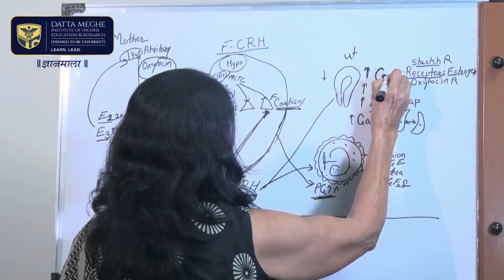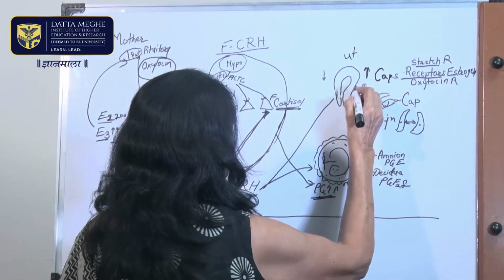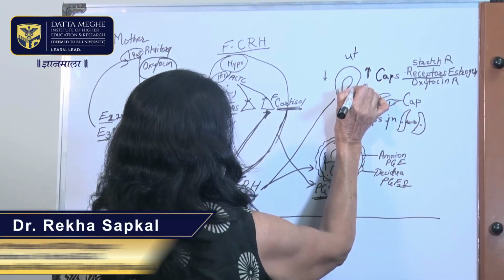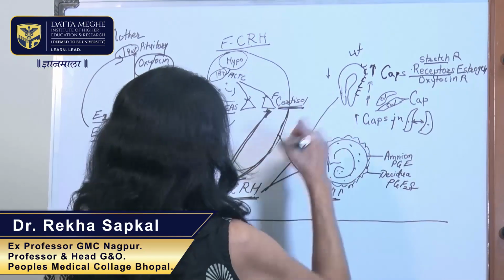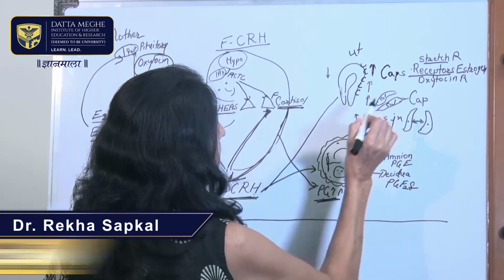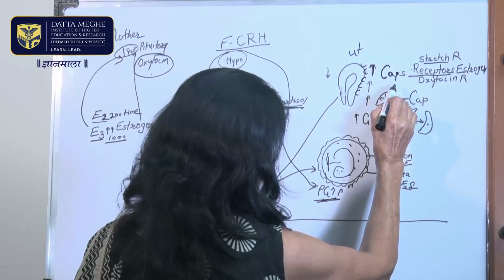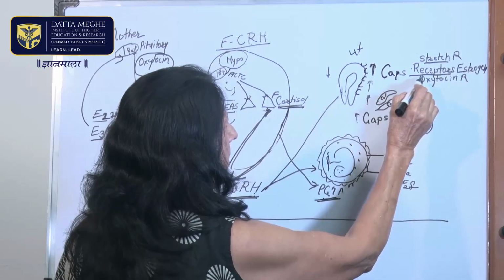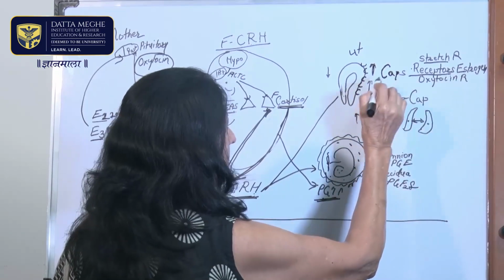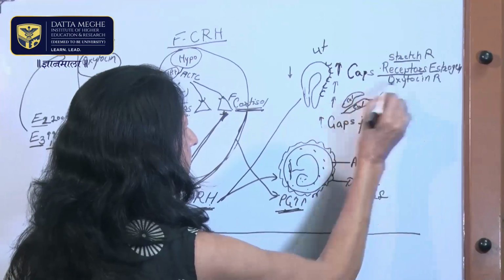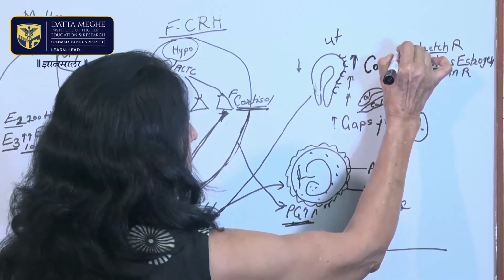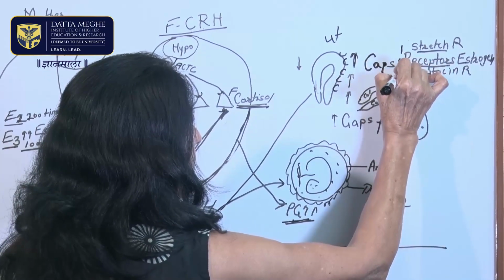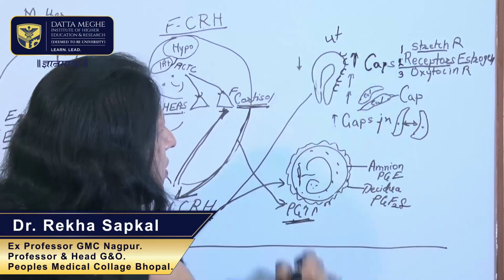These are the receptors over the surface of the uterus. So, this placental CRH increases caps on the surface of the uterus. They are receptors of the estrogen, they are increased, oxytocin receptors are also increased, and stretch receptors are also increased. So, these 2-3 caps are increased on the surface of the uterus.